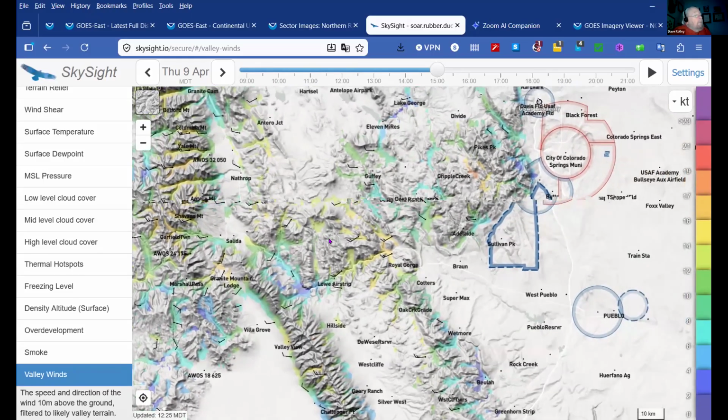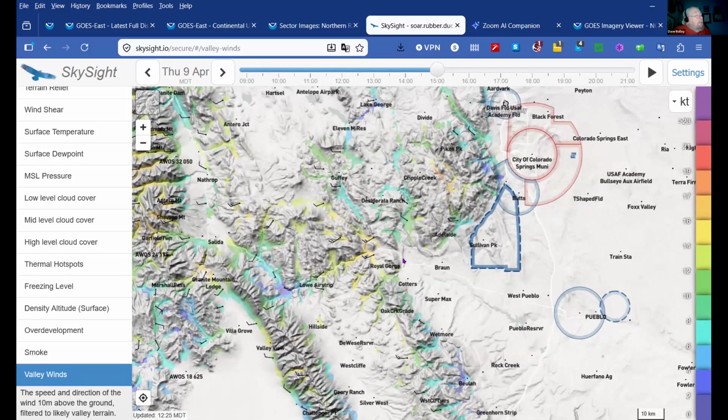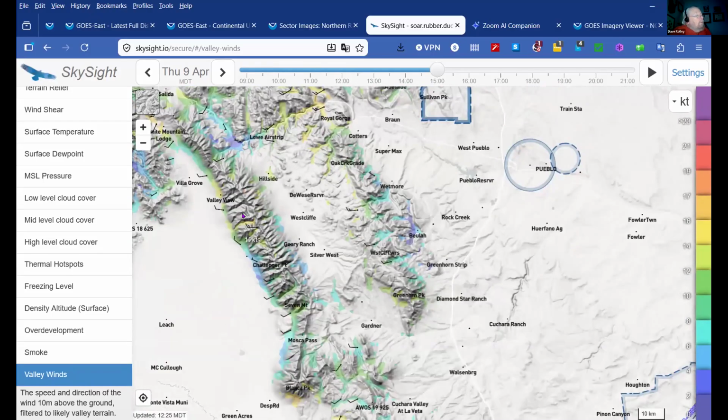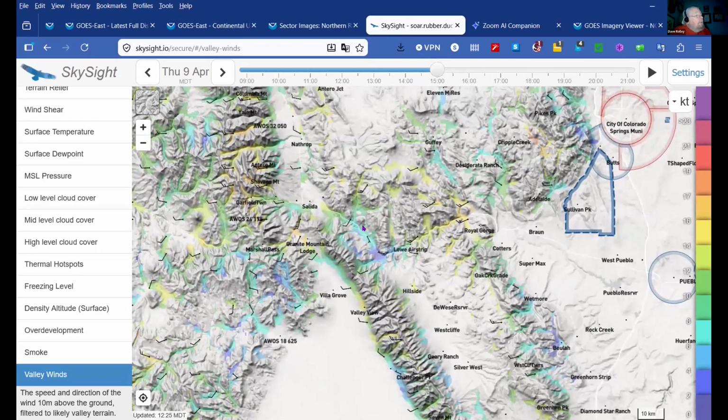But again, from a planning tool, I liked this. I saw this and I went, yeah, that could be interesting. It could be useful. It might give you an indication, because this is talking about down in the valley.